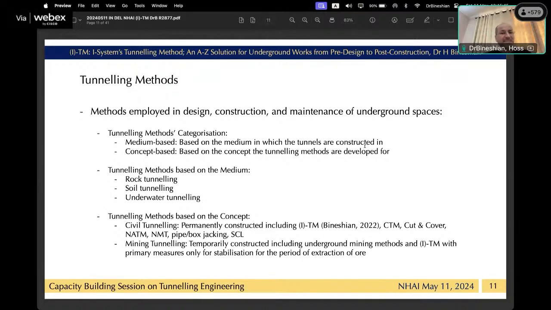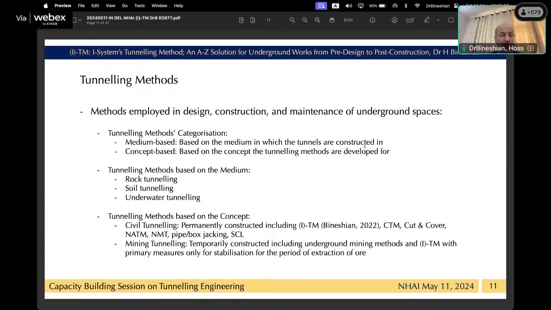What is the tunneling method? Methods employed in design, construction, and maintenance of underground spaces are called tunneling methods. Tunneling methods employ excavation techniques. Tunneling methods are categorized into 2 main categories: medium-based and concept-based. Medium-based is based on the medium in which the tunnels are constructed.